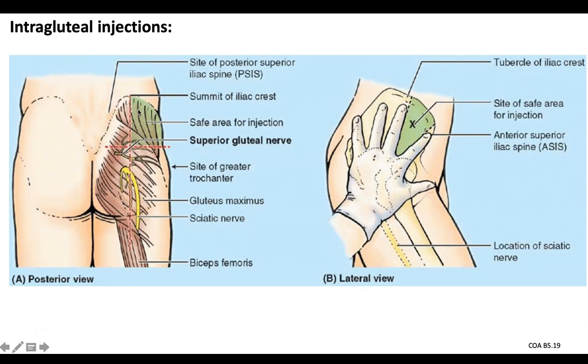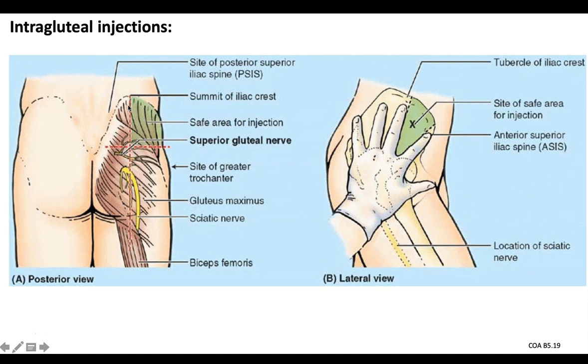The gluteal region is one of the common sites for intragluteal injection. The gluteal region has very coarse-fibered muscle, and the large gluteal muscles give the injection more surface area for absorption. That's why this is one of the preferred sites for intramuscular injection.